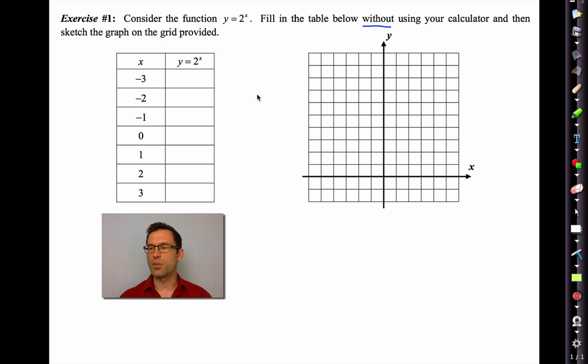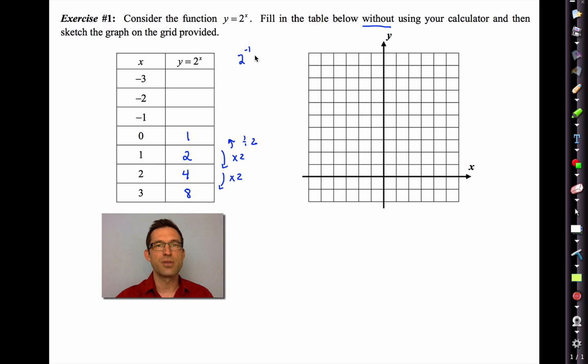Well, let's start with the easy ones. When x is 1, 2 to the first is obviously 2. When x is 2, 2 to the second is 4. And when x is 3, 2 to the third is 8. Now notice in each case what we're really doing is multiplying the previous output by 2. Therefore, you could go in the opposite direction by dividing each output by 2. Of course, we should know that 2 to the 0 is 1.